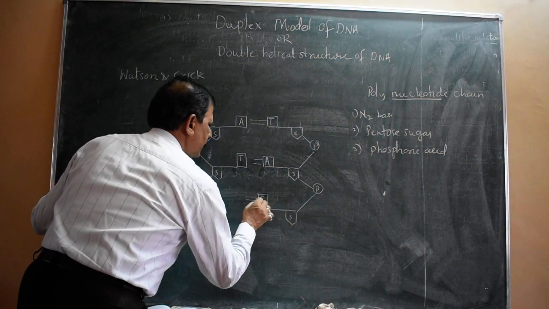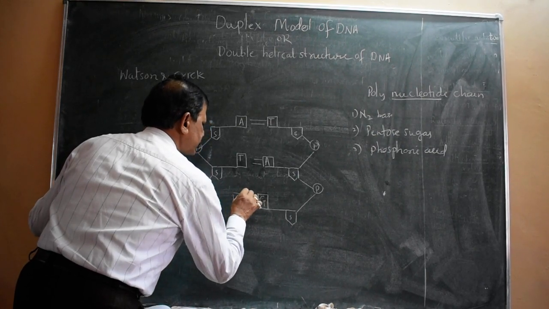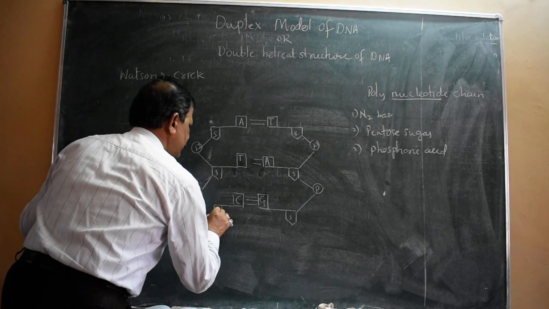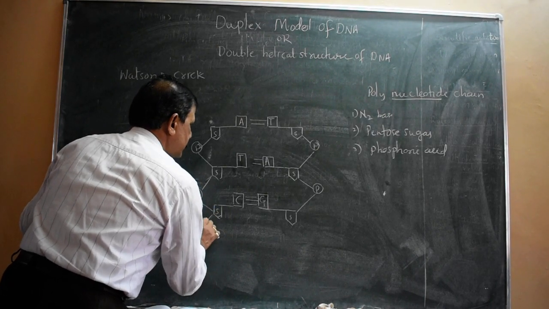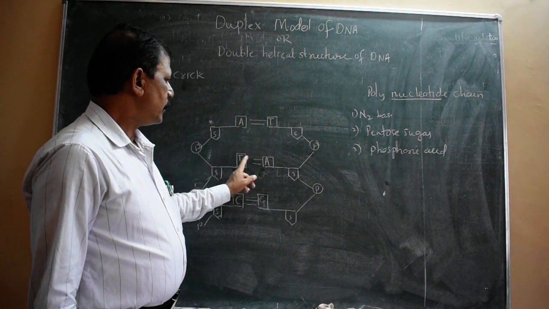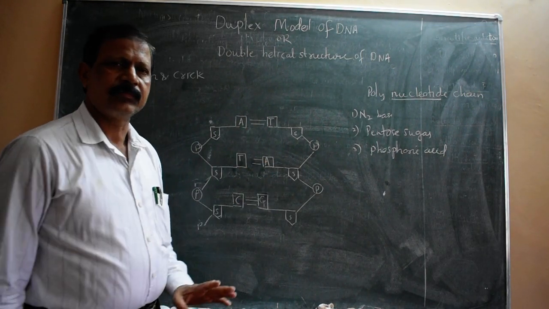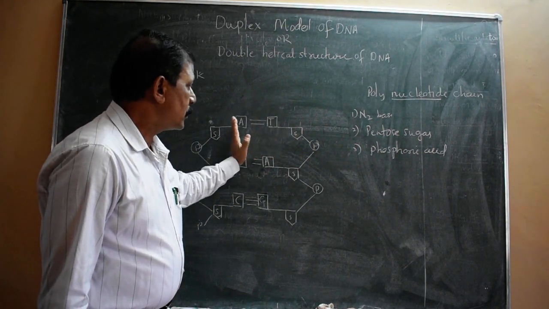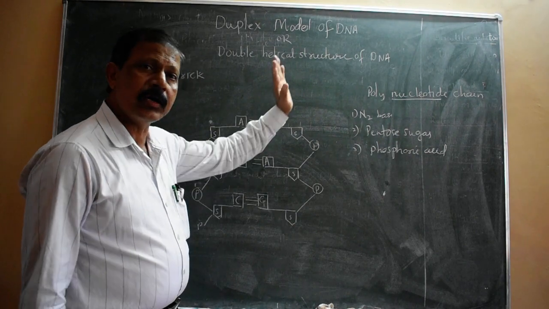Similarly G triple bond C, and then pentose sugar. Here we form a double strand: A double bond T, T double bond A, C triple bond G, forming the double-stranded polynucleotide chain.